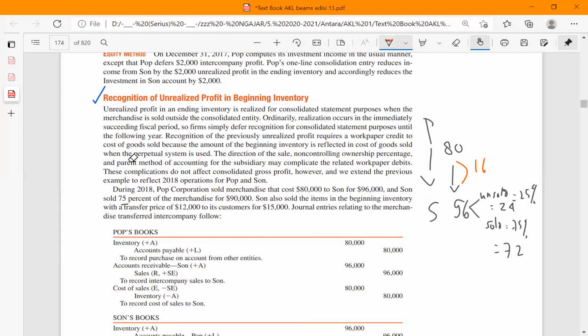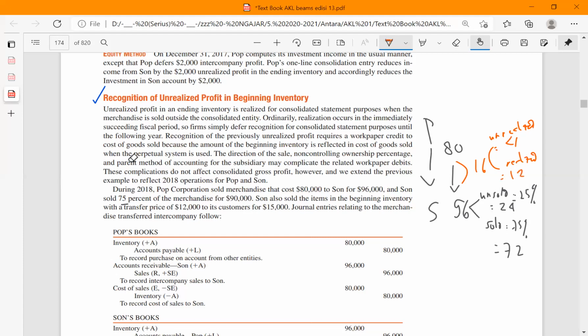And then we also have to find the proportion of the unrealized and realized. So the unrealized is 16 times 25%, which is 4. And the remaining is the realized part.